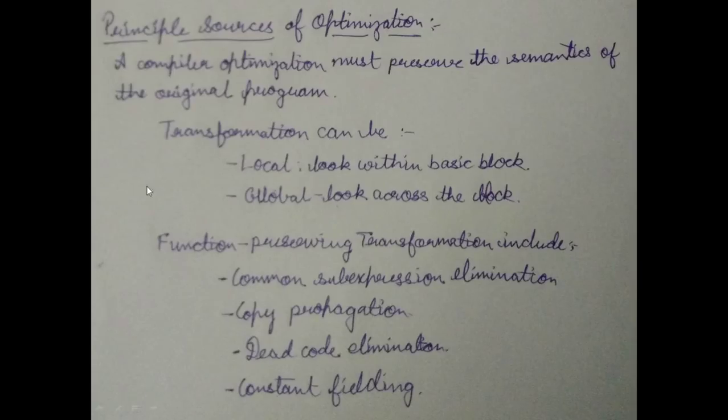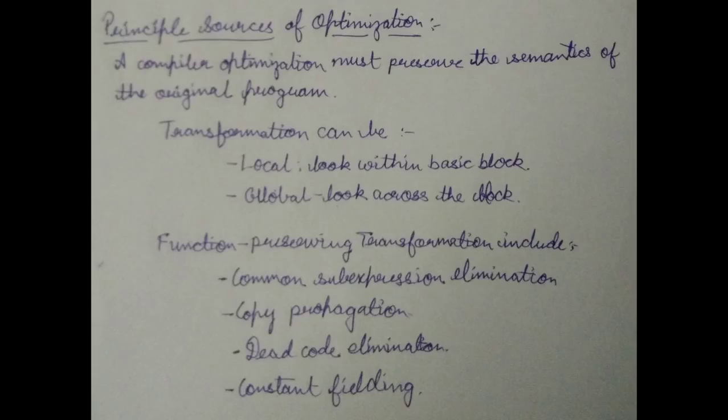Now, the function-preserving transformations include common subexpression elimination, copy propagation, dead code elimination, and constant folding. For the first one, common subexpression elimination, in this type of transformation we eliminate the common subexpressions.